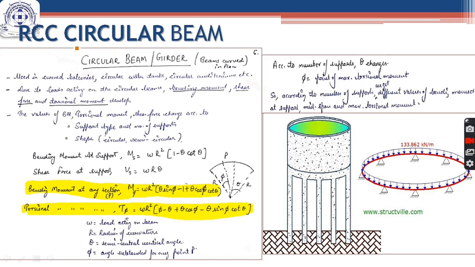Now the last type of element which you have not studied before is the RCC circular beam, or beam curved in plan. So till now we have mostly studied rectangular beams or flanged beams.